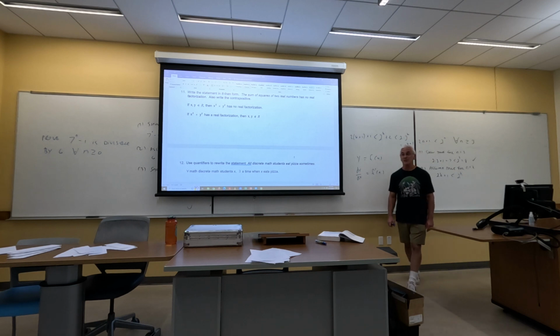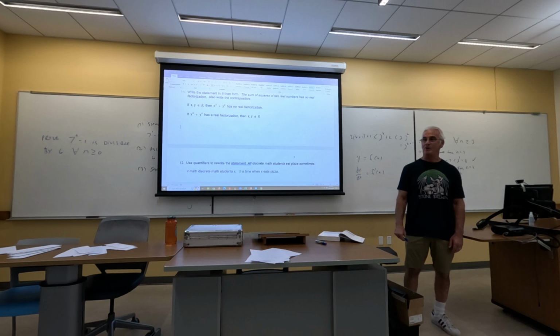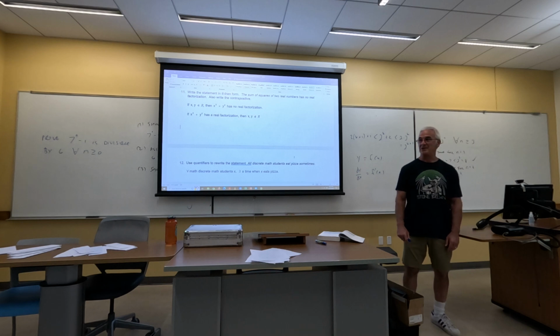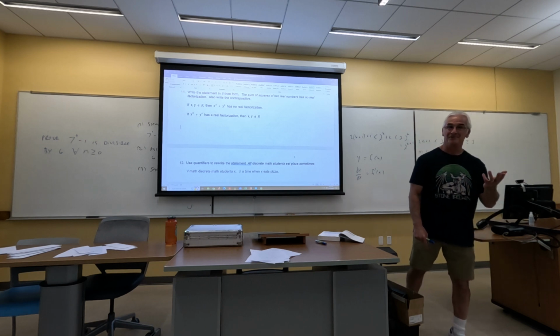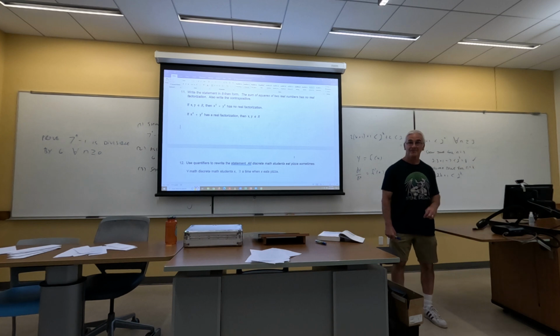The negation of a for all, let me do it in simple words. The negation of a for all is there exists, there's at least one not. The negation of there is at least one is for all not.